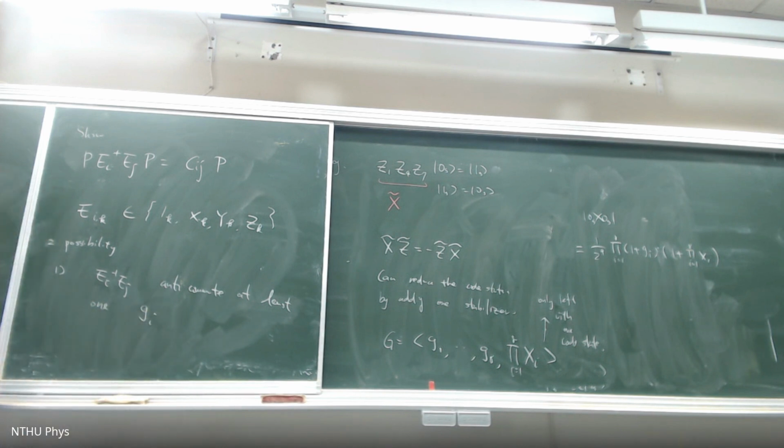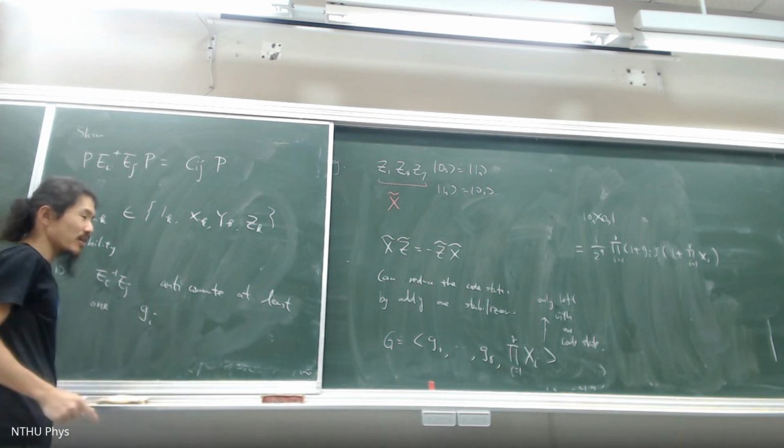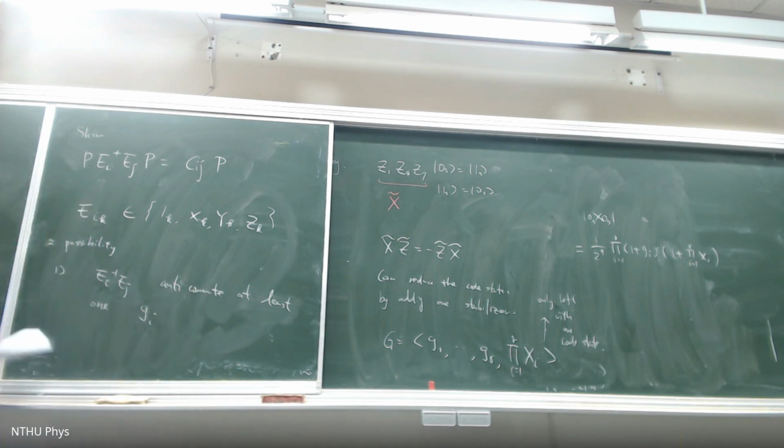Suppose this is one possibility. Because as we know, this is constructed from Pauli matrices, and this is constructed from Pauli matrices as well, so they either commute or anti-commute, right? So let's suppose it at least anti-commutes with one of the G_I, at least more than one.